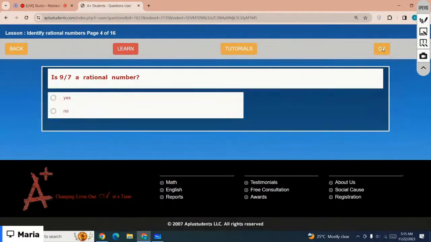Is 9 by 7 a rational number? Which is the correct option? The correct option is yes, it is a rational number.